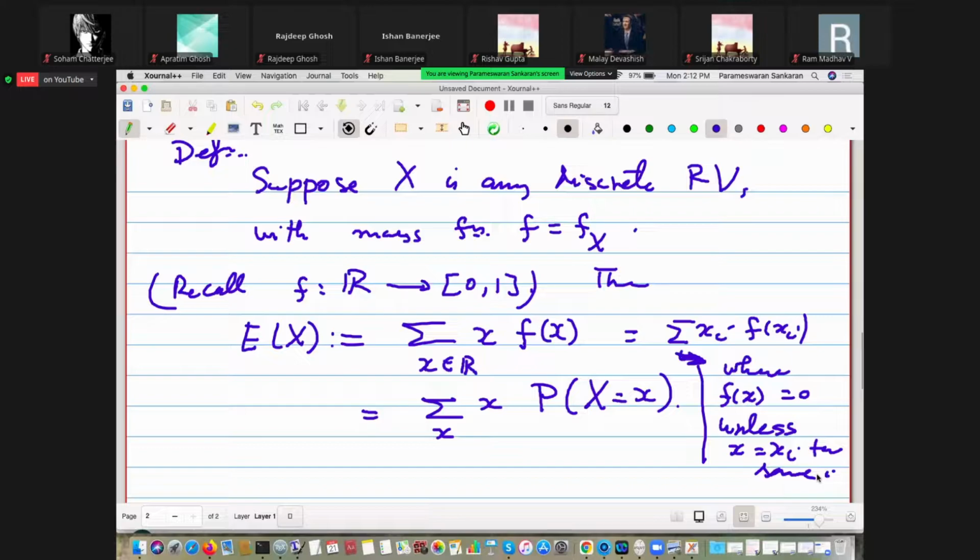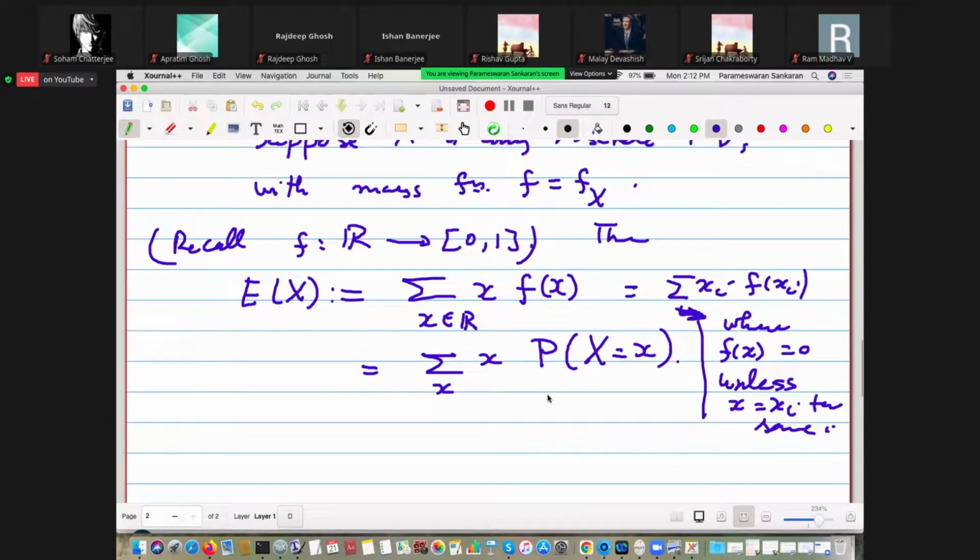Okay. So you can rewrite this also, if you like, as x_i times probability of X equals x_i. This number, probability of X equals x_i, the probability function, is already given to you, so you just have to compute it.